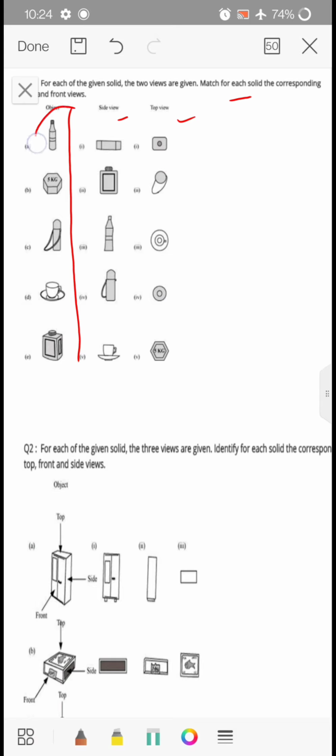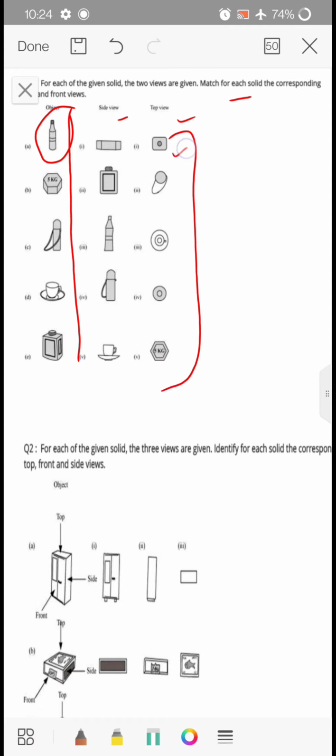So here the first object is a water bottle. You just have to find out the top view and side view of the water bottle. If you look at your water bottle from the top, then you will just find the cap, and the shape of the cap is circular. So find out the top view of the water bottle.